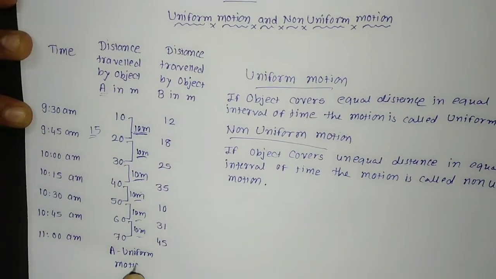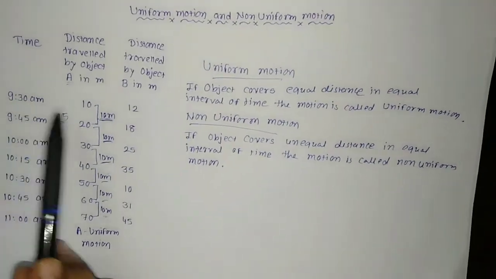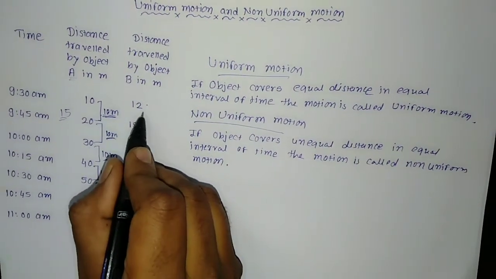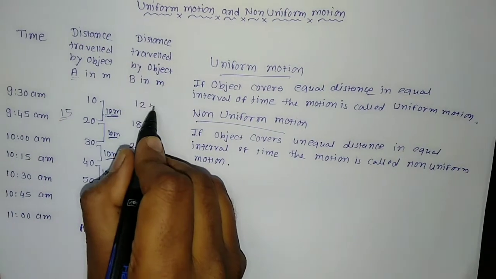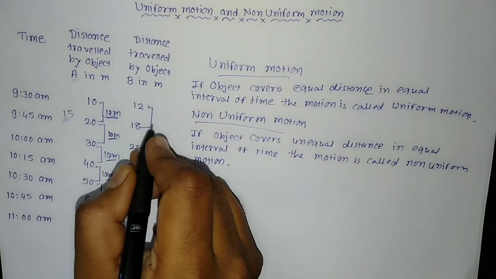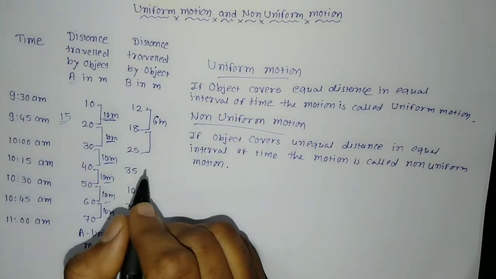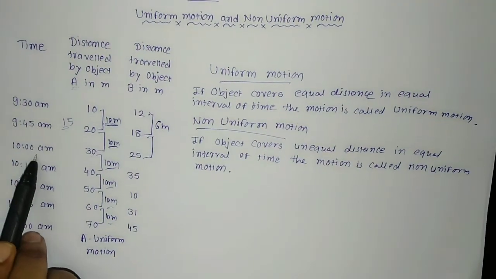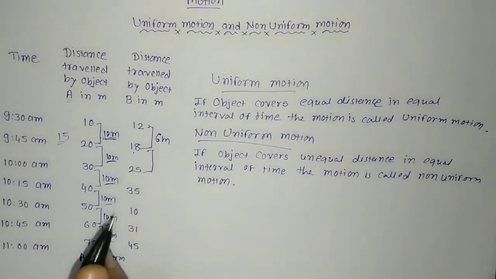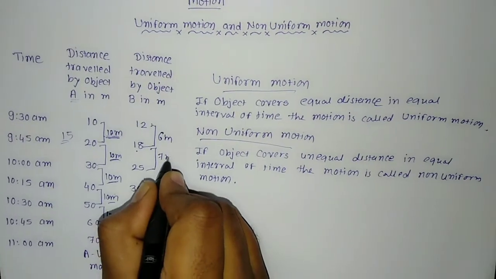While in the case of object B, the distance traveled at 9:30 is 12 meter, then at 9:45 it is 18. So the difference is 18 minus 12, equal to 6 meter. Similarly, from 9:45 to 10 am it went from 18 to 25, which is 7 meter.